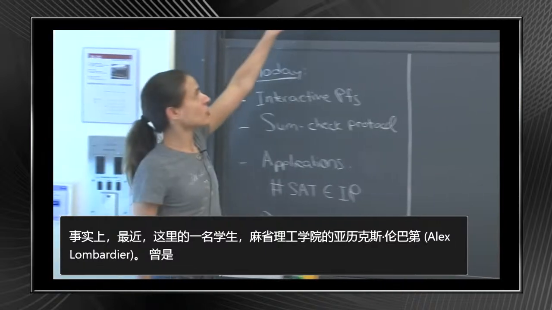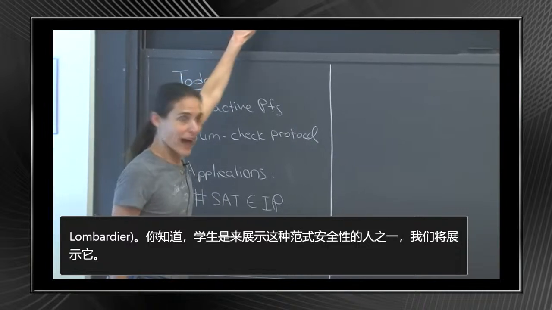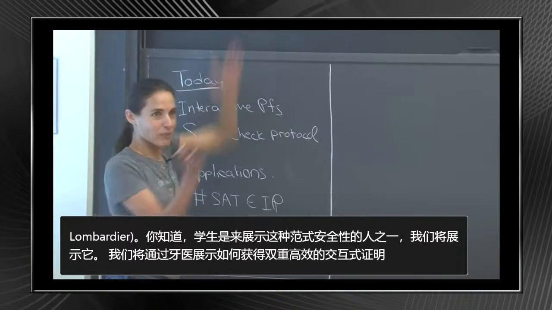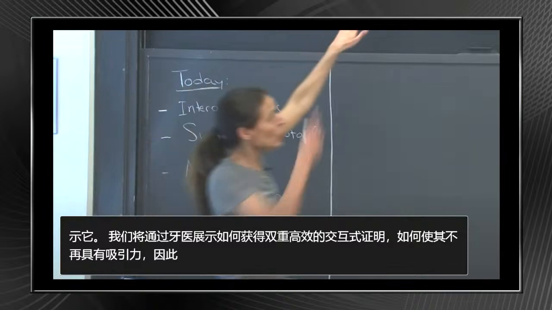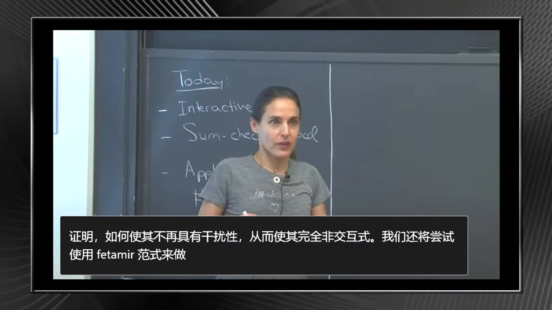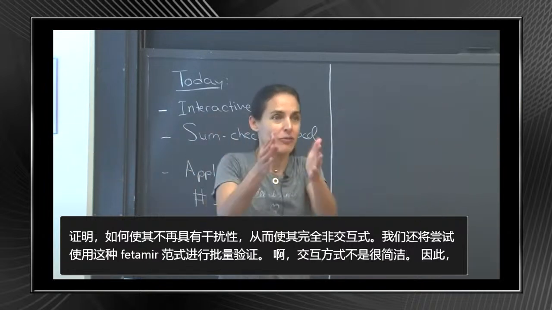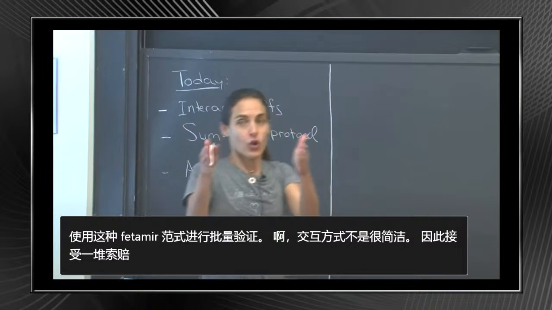We're going to use it to show how to take our doubly efficient interactive proof and make it completely non-interactive. We're also going to show how to use this Fiat-Shamir paradigm to do batch proofs non-interactively in a very succinct way, taking a bunch of claims and giving one short proof for them.